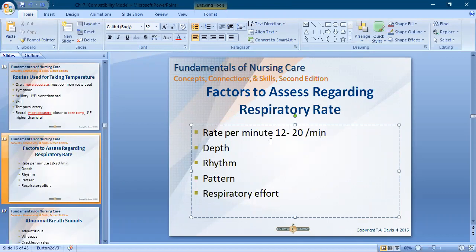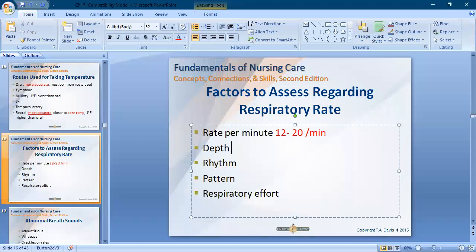This is called the rate. That is one. Next, depth, right? When you take the respiration with a stethoscope, or you can check by observation, you have to realize the depth. Is it too deep or shallow, like this.